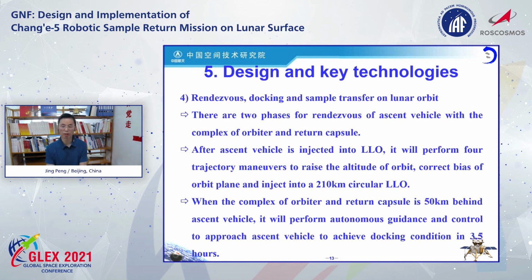When the complex of the orbiter and the return capsule is 50 kilometers behind the ascent vehicle, it will perform autonomous guidance and control to approach the ascent vehicle to achieve docking condition in about 3.5 hours. Next slide, please.